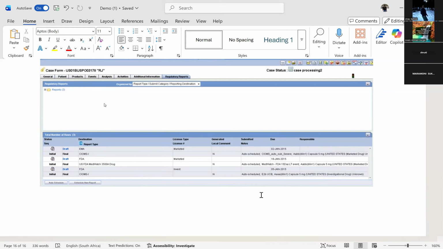There are certain different timelines that are followed by different manufacturers and different MAHs as aligned with the regulatory authorities. Non-expedited reports are submitted, again as per the different regulatory authorities, at 30 days, 90 days, and periodic reports from 90 days to a year. Okay.